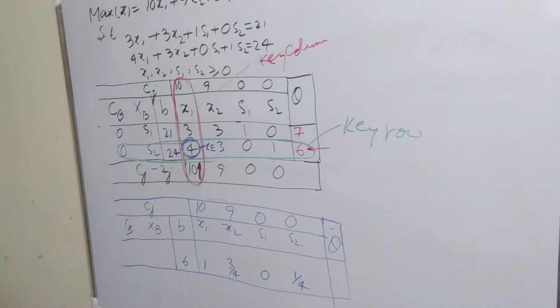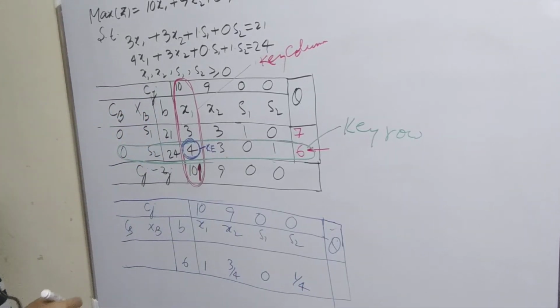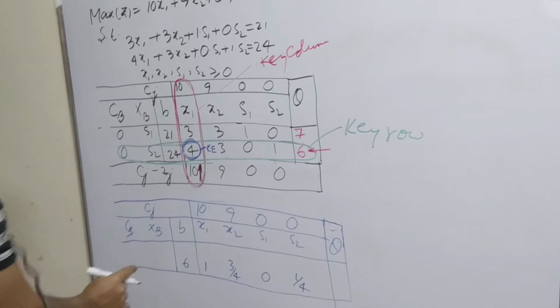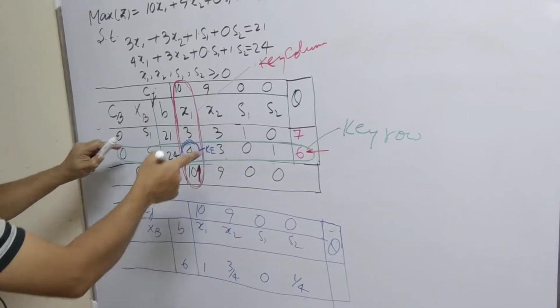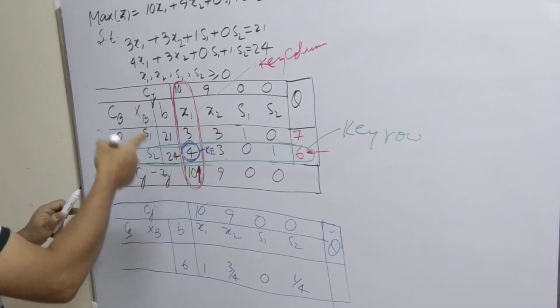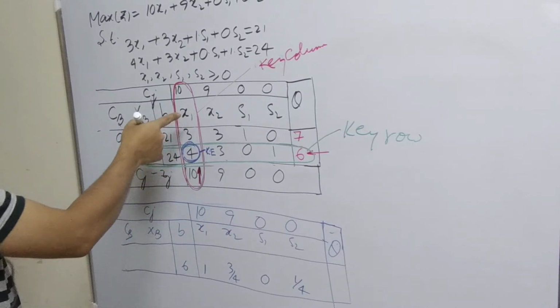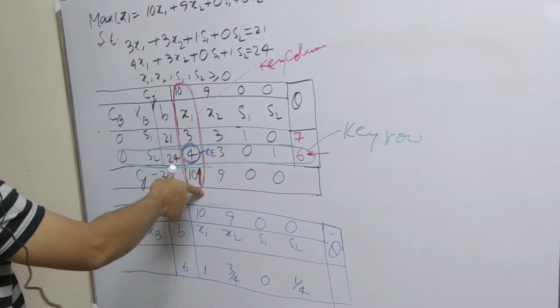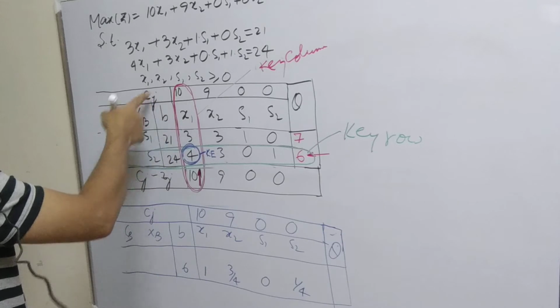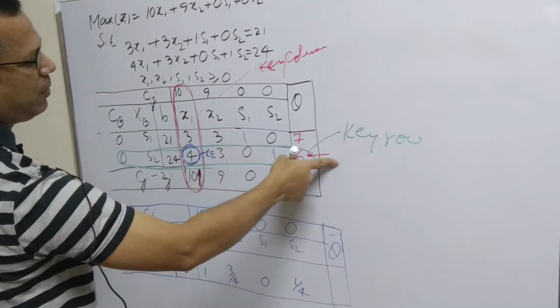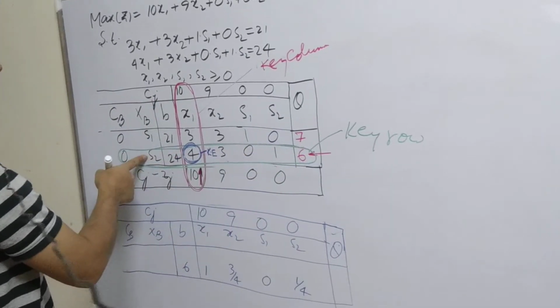Now we have this result. Next, which variable is going to enter into the basis? Here we can see in a very simple way: whatever key column has been selected, this variable will enter into the basis. Whatever key row has been selected, this variable is going to leave the basis.